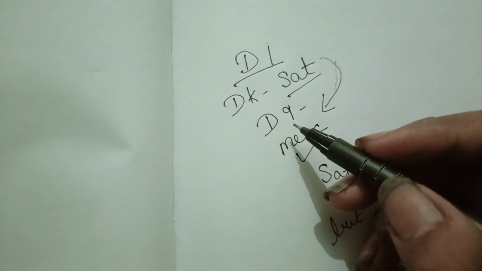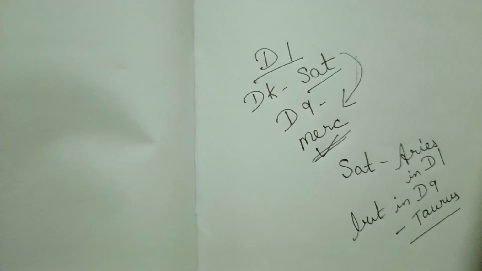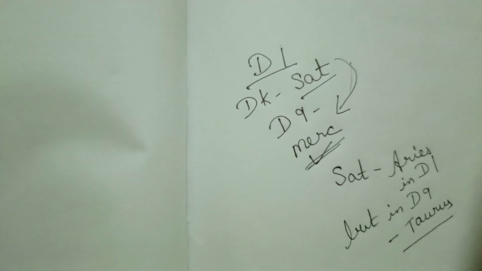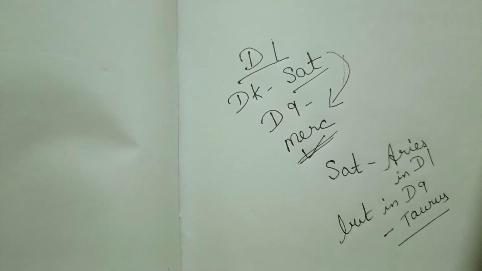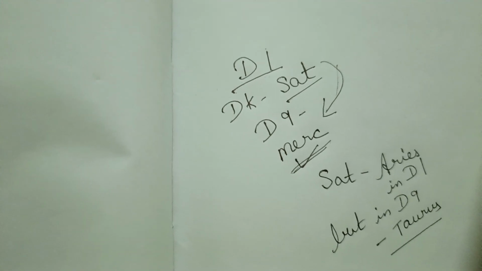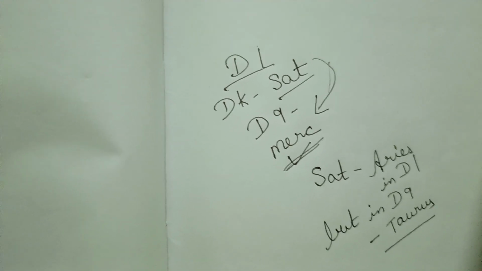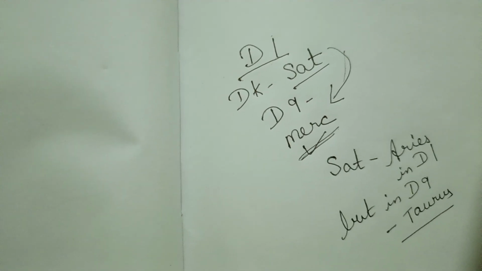Why are we finding Darakaraka in D9 also? To understand the deeper meaning of your chart, what your chart is saying about your spouse, your partner. For people who go for a second marriage or third marriage, the Darakaraka from the D9 is very important.